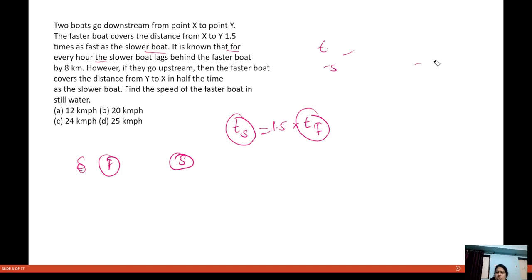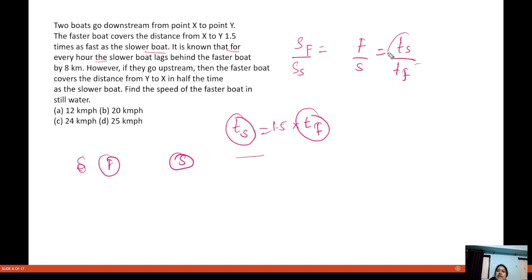So what will happen here is that the speed of the faster boat divided by the speed of the slower boat, F by S, is equal to the time taken by the slower boat divided by the time taken by the faster boat.